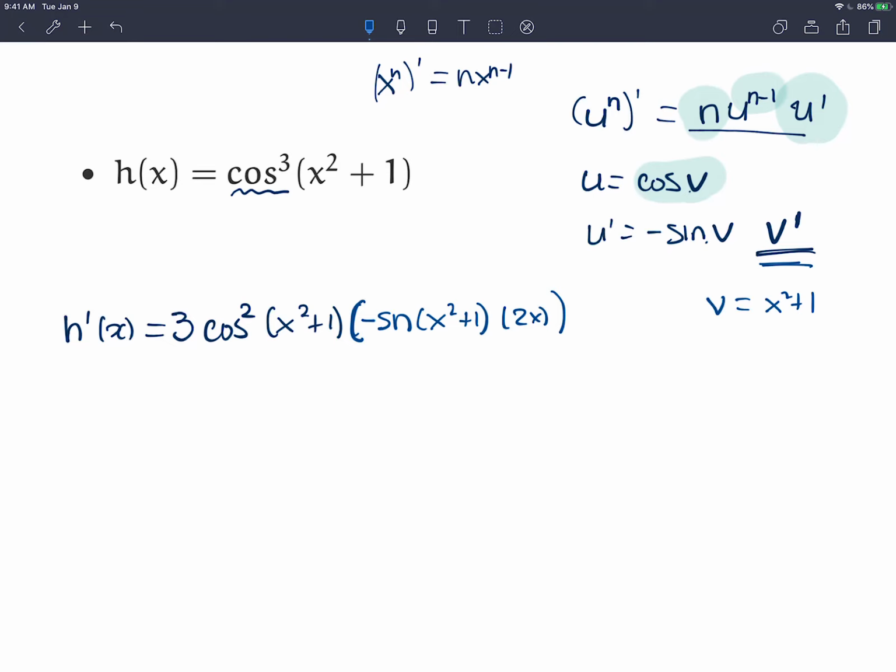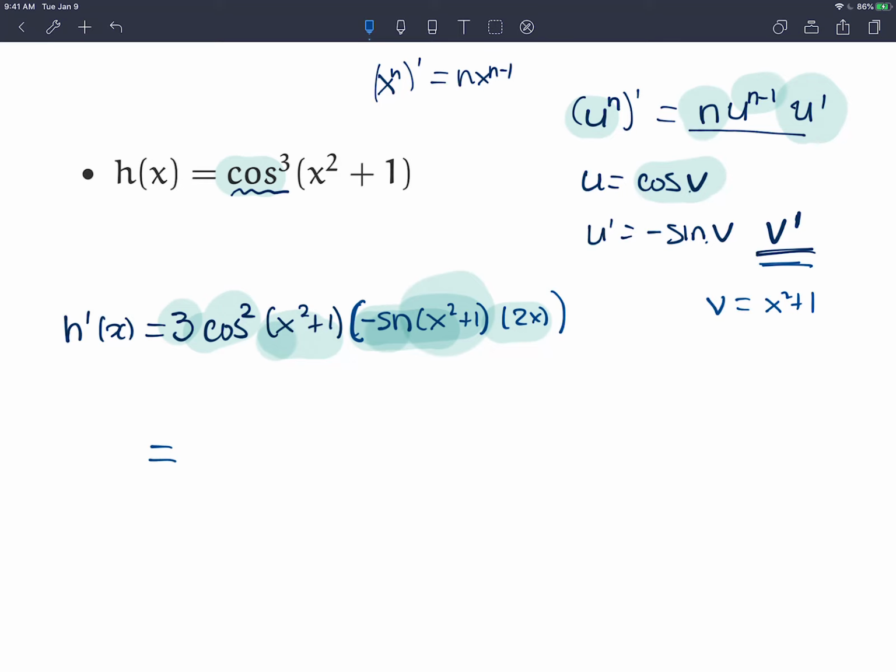Okay, so this is a bit more interesting, what's happening. Let's go again in pieces. I have my u function, which is the cosine. So the derivative of that would be 3 times cosine squared, evaluated at the same place, but then times the derivative of the cosine. And the derivative of cosine is negative sine of this, but then I have another derivative of the inside function, the x squared part, which is 2x.